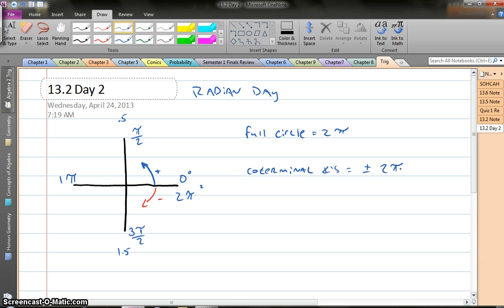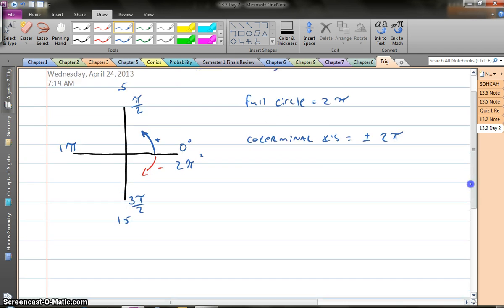Now, I love radian measures, and they're really, really good. The only difficult part is we have to be comfortable working with fractions, and we all know how much you guys love fractions. So let's do some.